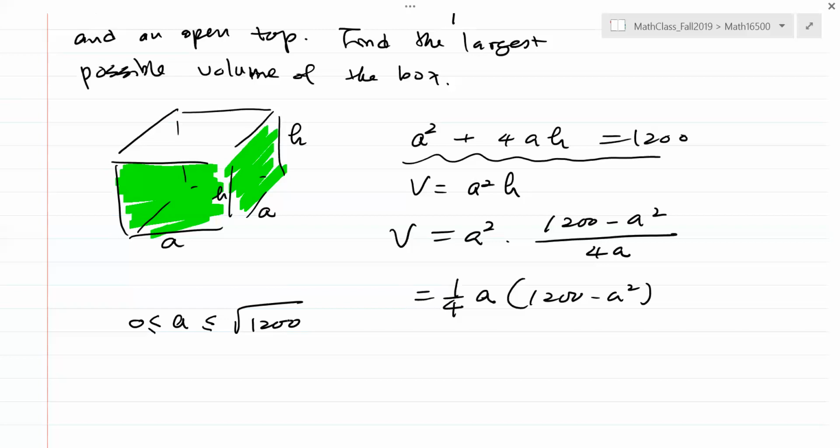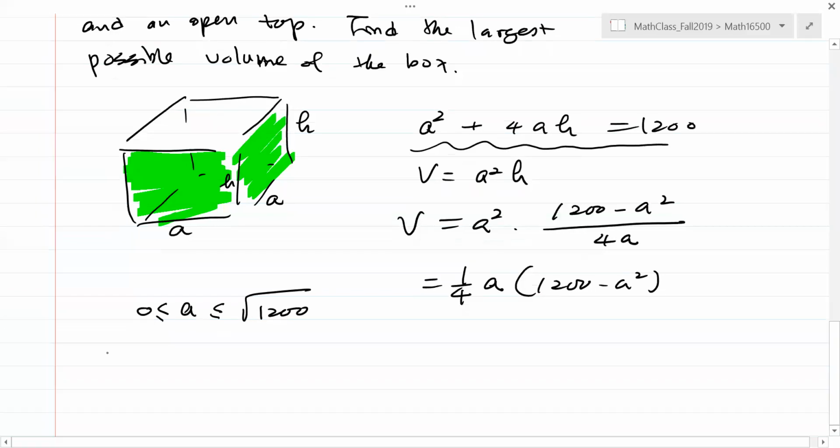So you get a polynomial in A, defined on a closed interval. It must have an absolute maximum value. How do you find the absolute maximum value of a function on a closed interval? You look at critical numbers and look at the endpoints.